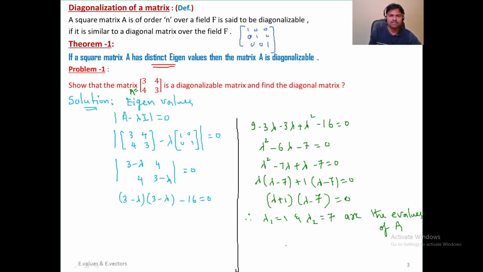So therefore we are getting distinct eigenvalues. Therefore distinct eigenvalues existed.